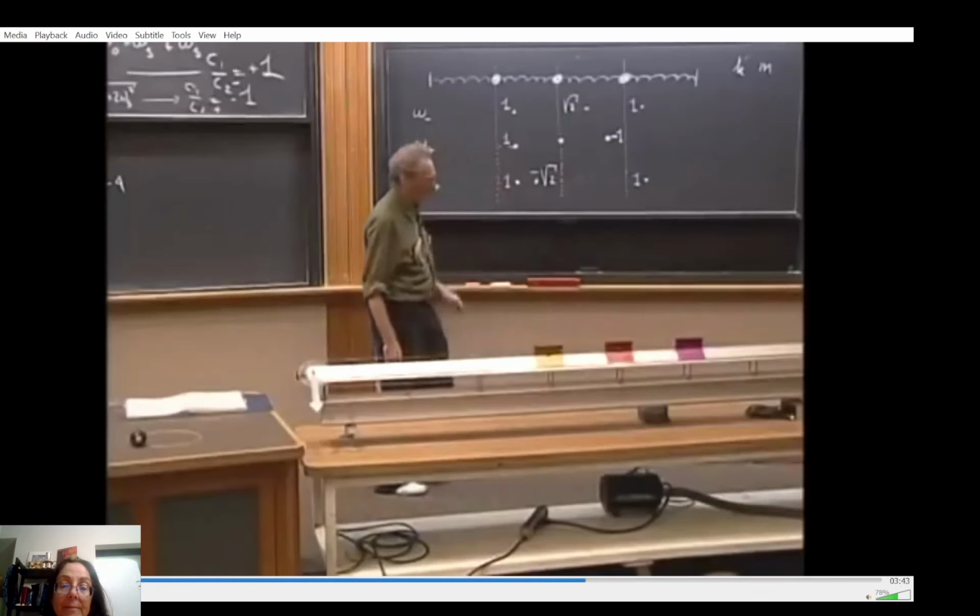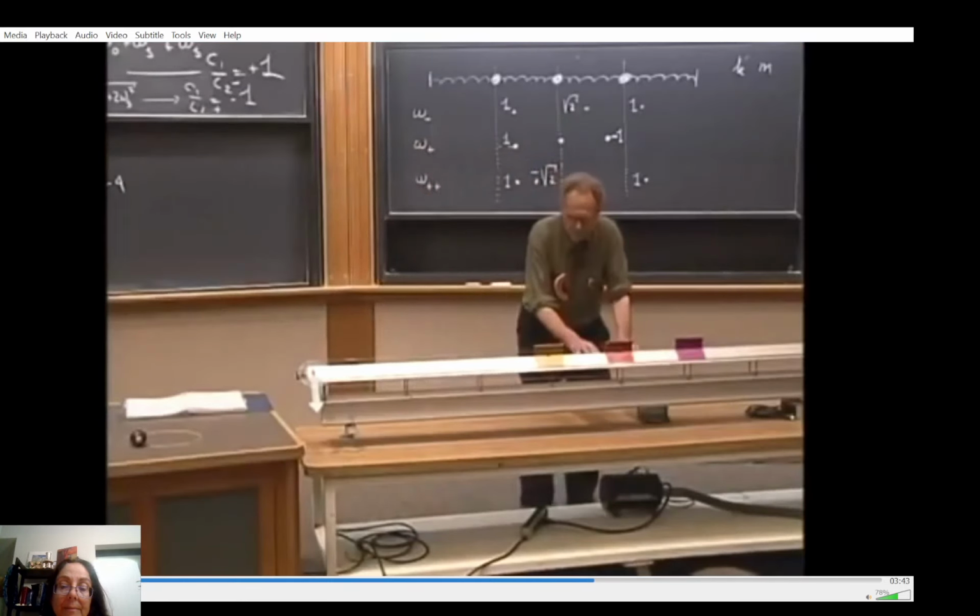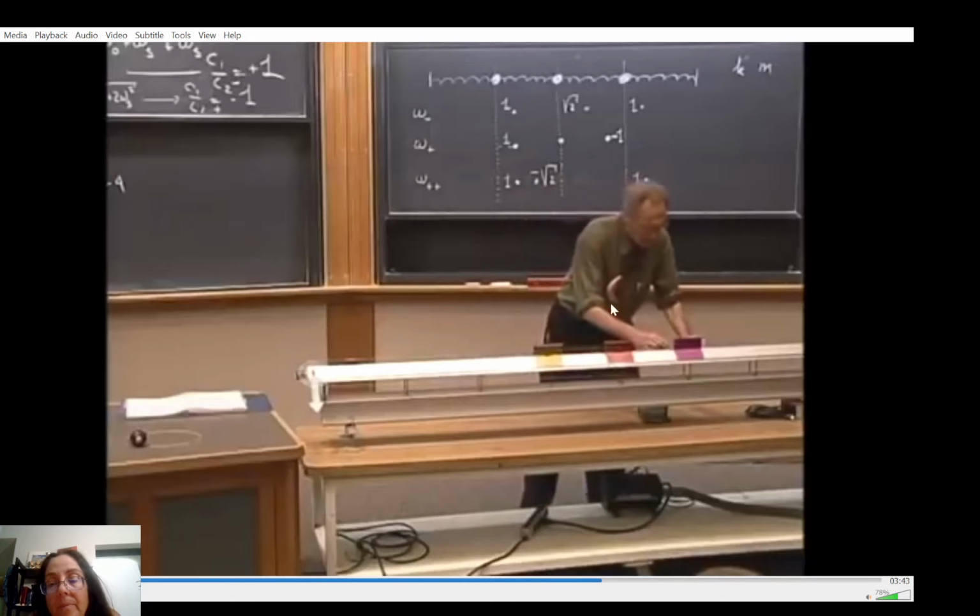So we're first going to put this at 0, and this at 0. The way the system will react depends on the initial condition. So of course, if the initial condition is exactly the natural mode, it's going to oscillate at its natural frequency.